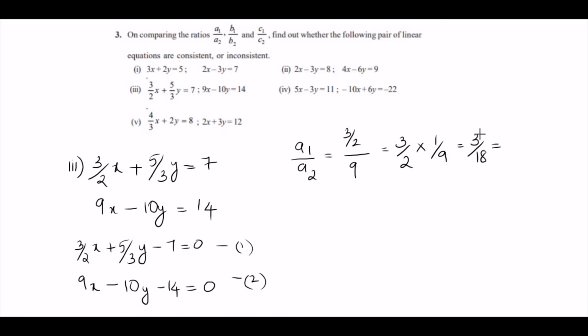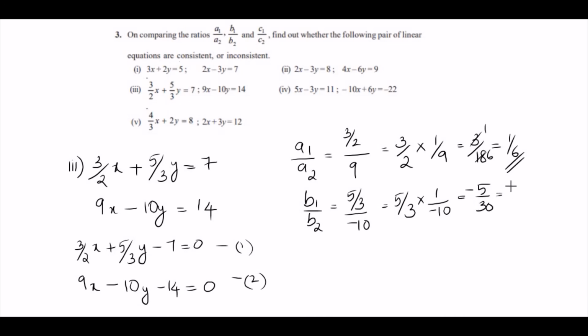You can write it as 1 by 6. b1 by b2 is 5 by 3 divided by minus 10. So you get 5 by 3 into 1 by minus 10. So it is 5 by 30 and there is a minus, so minus 1 by 6.